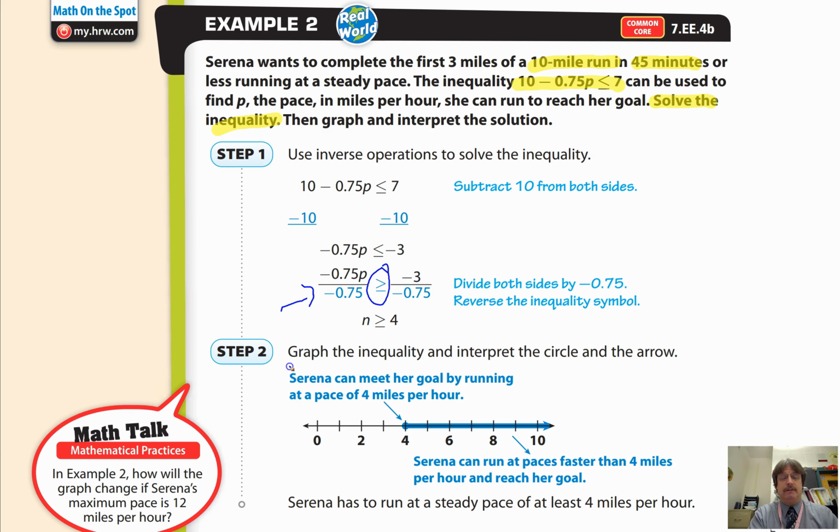When they tell you to graph the inequality, they're talking about putting it on a number line. Also notice here that the dot is solid, because we have the equal sign, greater than or equal to. So p is going to be greater than or equal to 4, and you're going to include the 4 in the solution set, which you show by using the solid dot.